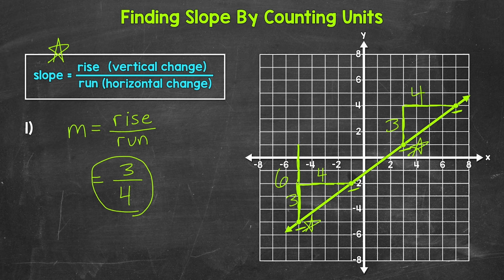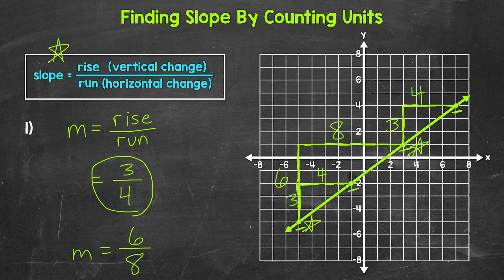And then our run, well, 1 unit, 2 units, 3 units, 4 units, 5 units, 6 units, 7 units, 8 units. So our run is 8. So slope equals, our rise was 6 and our run was 8. So we end up with a slope of 6 over 8, 6/8.